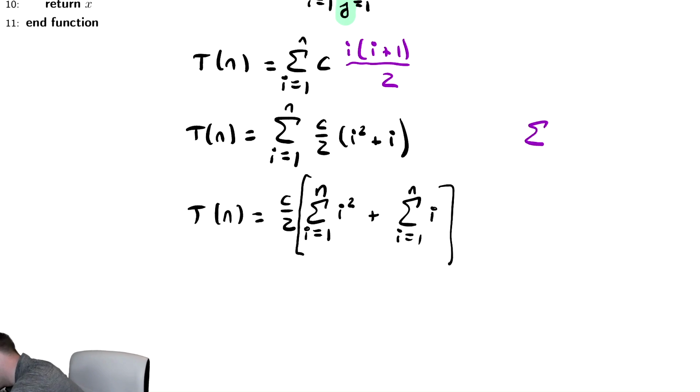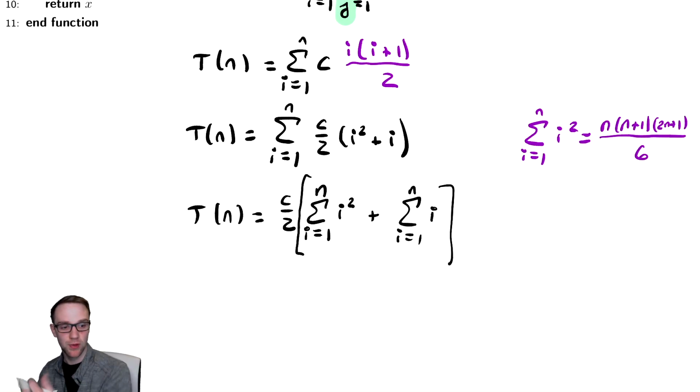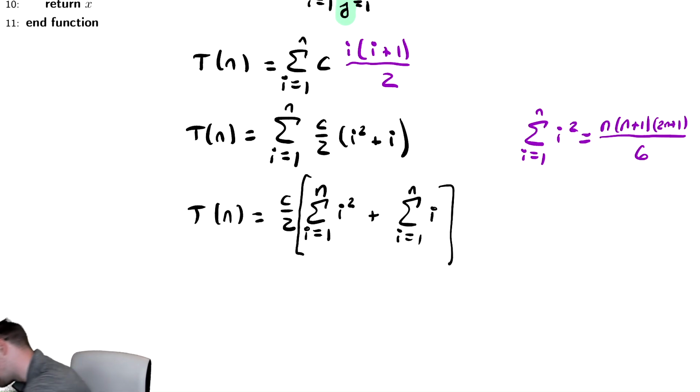We have the sum from i equals 1 to n of i squared. This is the one that's a little weird looking. This is n times n plus 1 times 2n plus 1, all divided by 6. So we're going to use that formula and the one that we used before to write down our final answer here.